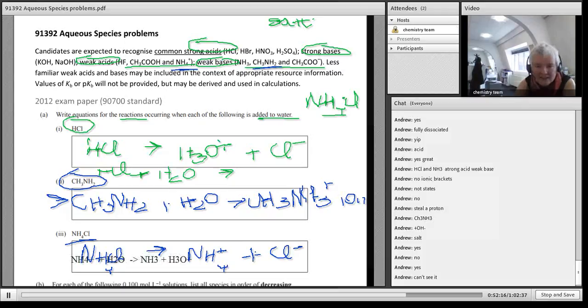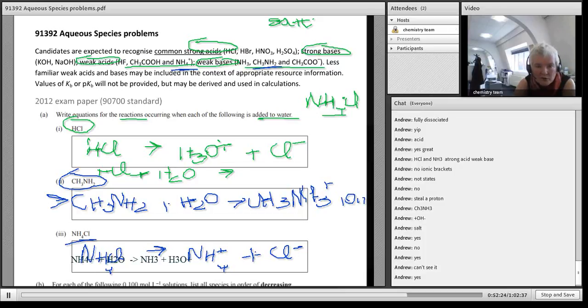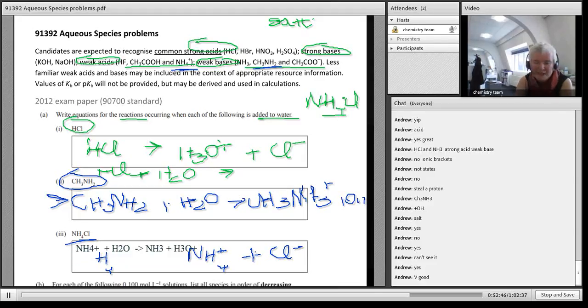Now I'm just moving that up so hopefully you can see it. Now, the NH4 positive, remember it's a weak acid, so it donates a proton.